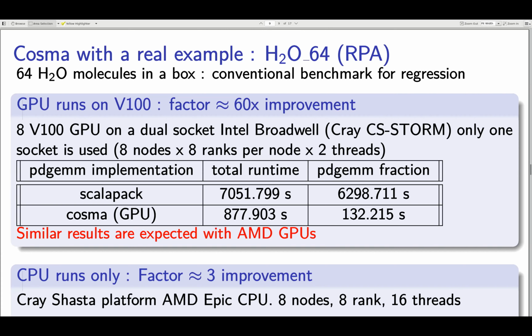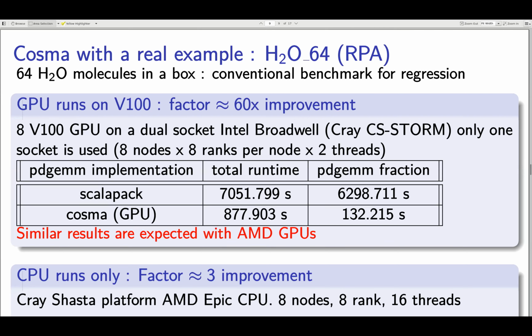And on the table, you can see the total runtime and the fraction that is spent in PDGEMM. And just offloading PDGEMM to COSMA, we get a factor 60 improvement in the PDGEMM fraction and around a factor 10 improvement in total runtime, which is non-negligible.